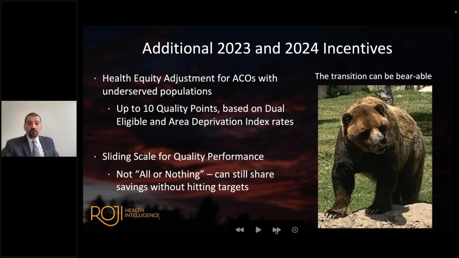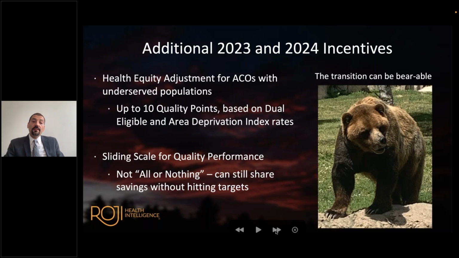It's out of the University of Wisconsin, and it's exactly what it sounds like, where it's by zip code and drilled down into some other locations as well. And so that can lead up to 10 additional quality points.